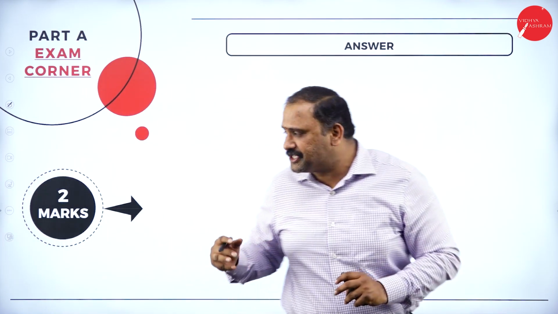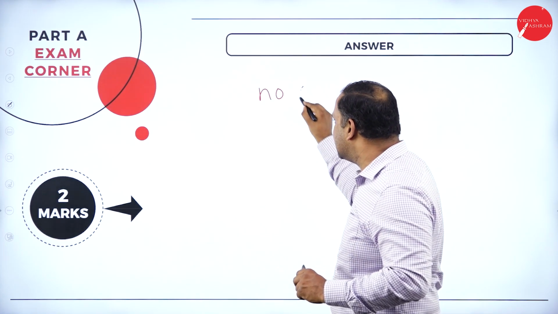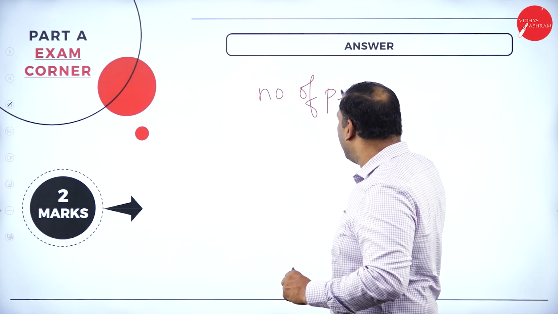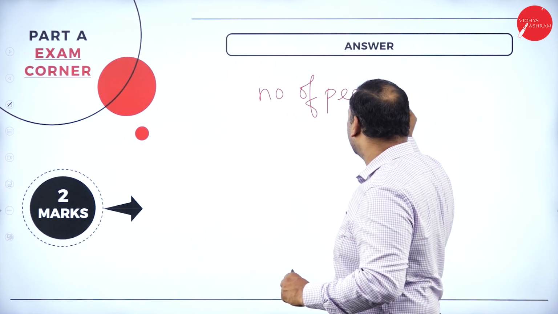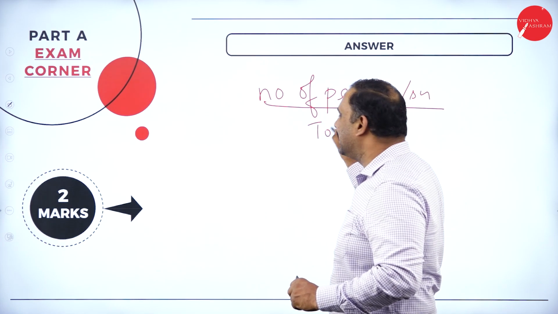Density of population would be the number of people per square centimeter divided by the total area.